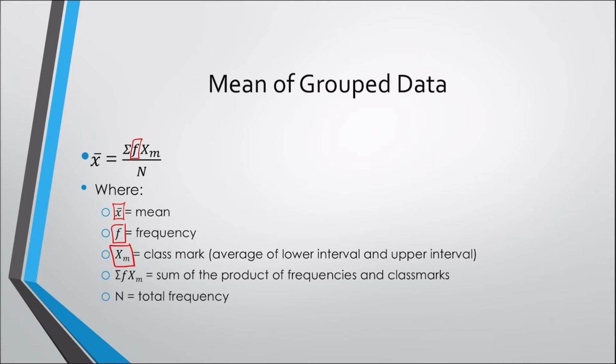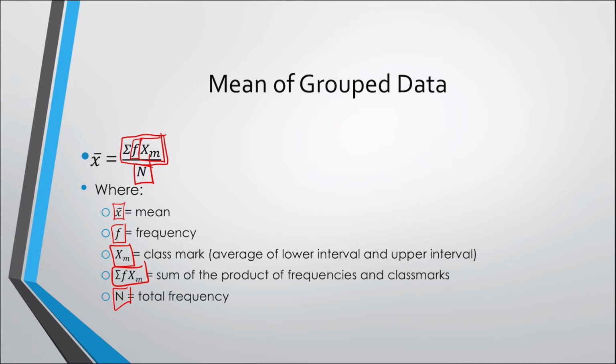Ang class mark naman, or x sub m, ito yung average of the lower interval and upper interval. Mamaya pag-uusapan din natin yon. Ang summation of f x sub m ay i-add lang natin yung sum ng product ng f times x sub m. Okay? And then yung n naman ay yung total frequency. I-add lang natin lahat ng frequency.